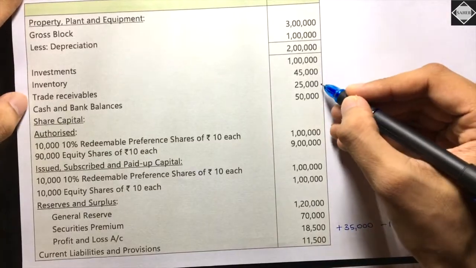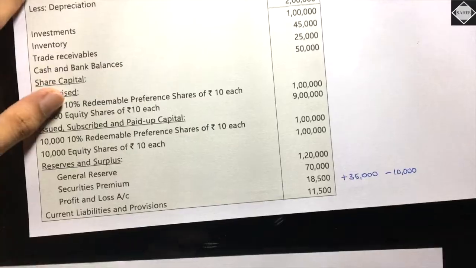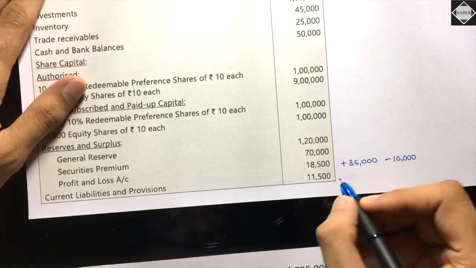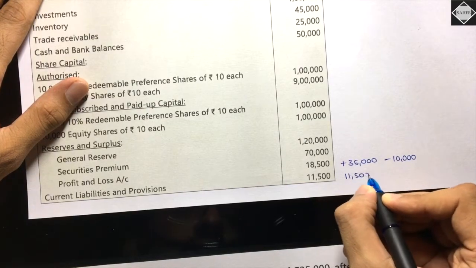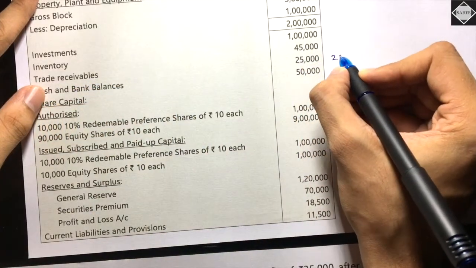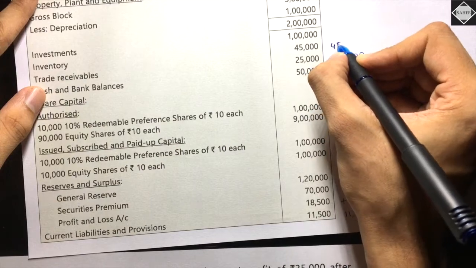Investment, inventory, trade receivables. These have not changed, and current liabilities have also not changed. It's the same only. So this will be 11,500 only. Then trade receivable 25,000 only, no change. And then inventory, no change, 45,000.